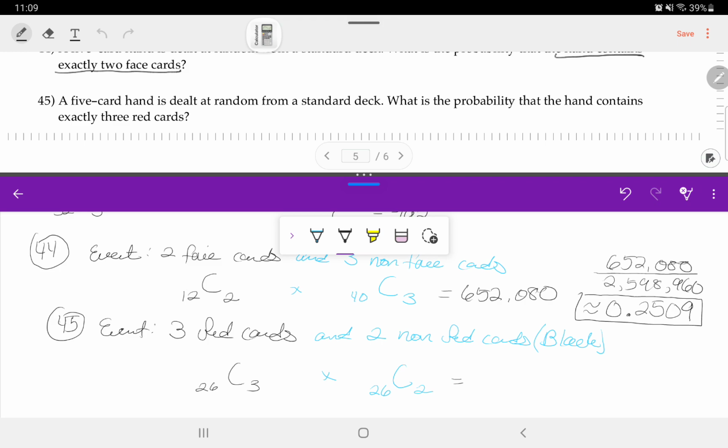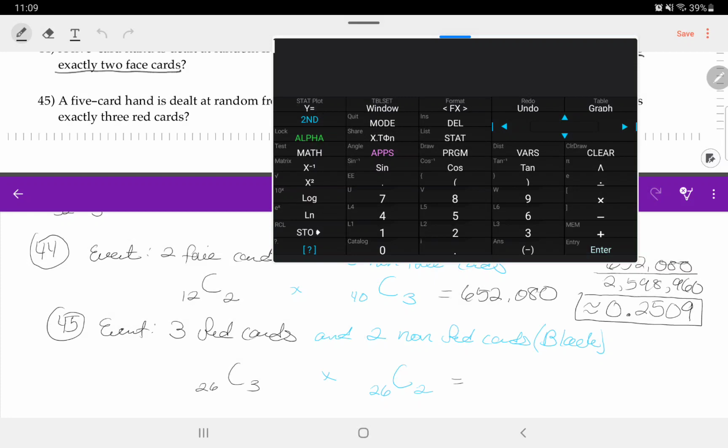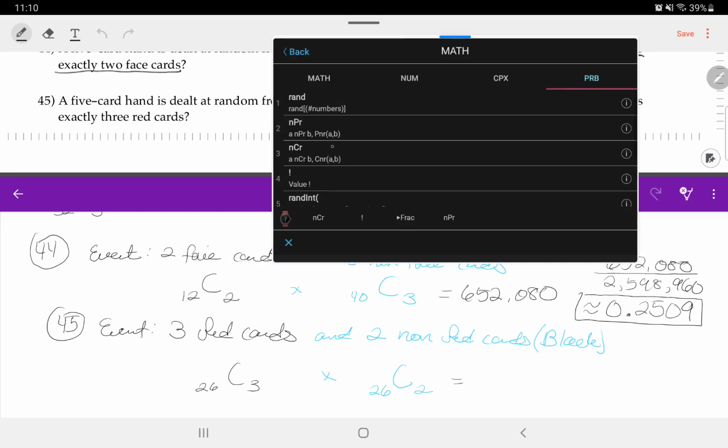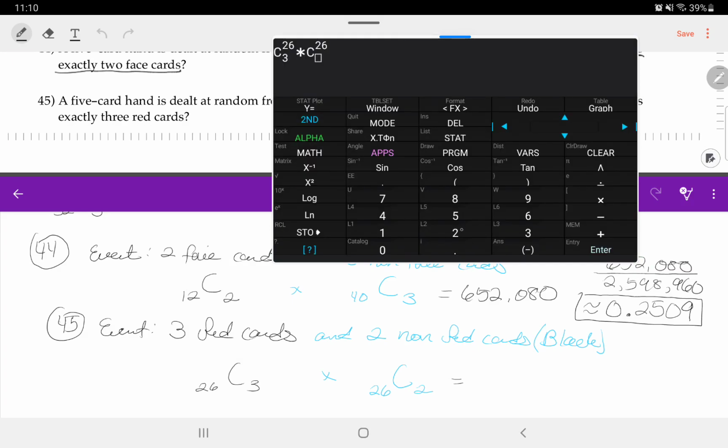Let's calculate that in the calculator. So that's going to be the combination of 26 choose 3 times the combination of 26 choose 2. And that's going to equal 845,000.